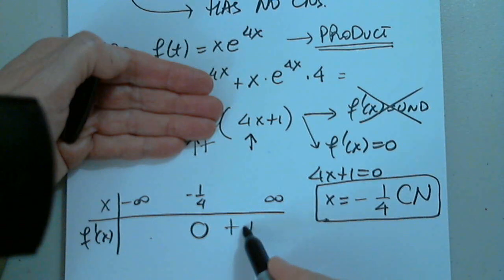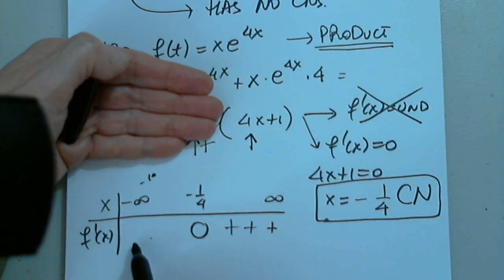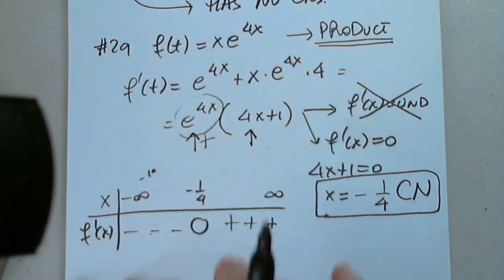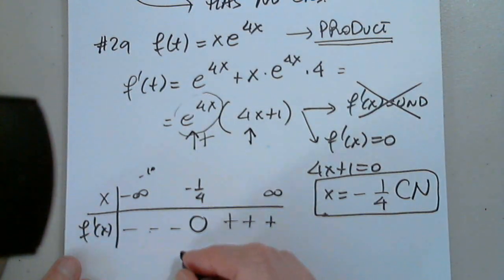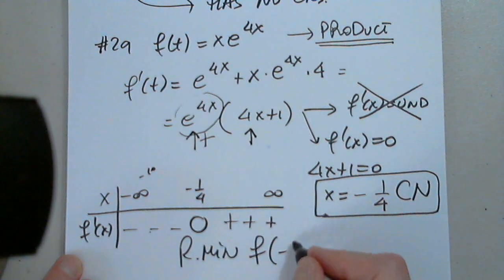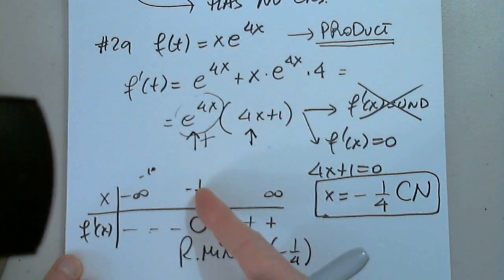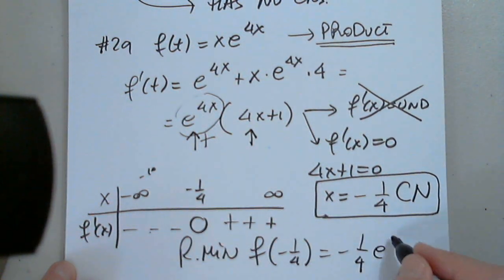It's positive. Very good. So let's plug in negative 10. What is the sign? Negative. Good. This is typical for what situation? Negative then positive, for the minimum. Yes. So the relative minimum will be f of negative 1/4, not this or this, right? This is where it happens, but I have to plug in the function: negative 1/4 e to negative 1.